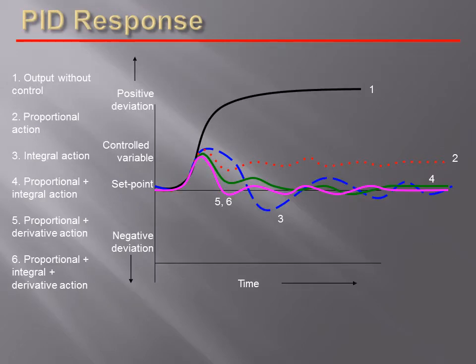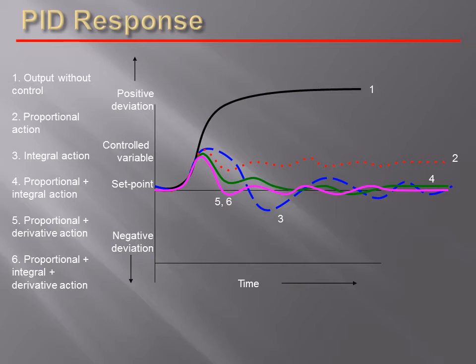Then here is the PID response, shown by different colors. On the x-axis time is taken, on the y-axis deviation is taken. The first line, shown in black, is output without control. Then the second line, dotted red, is proportional action.